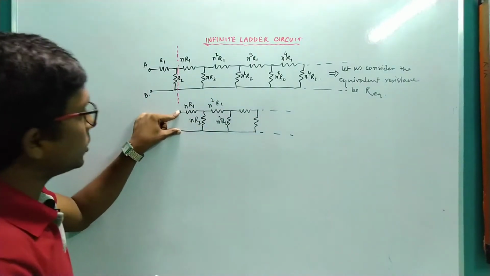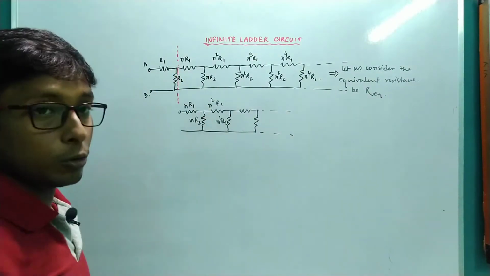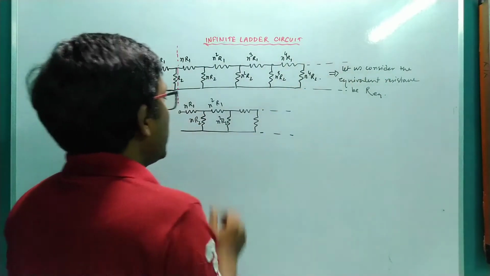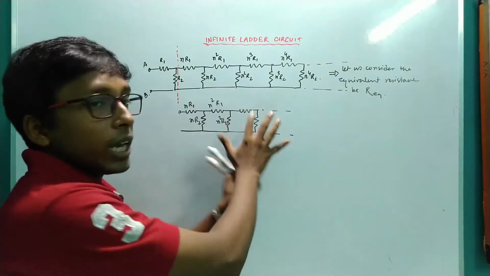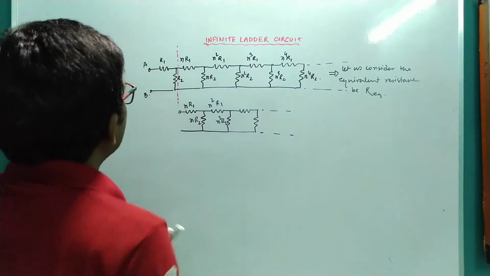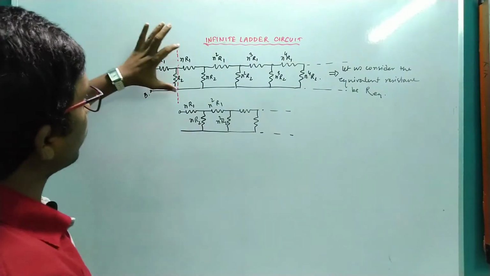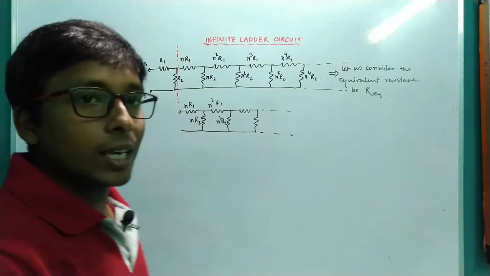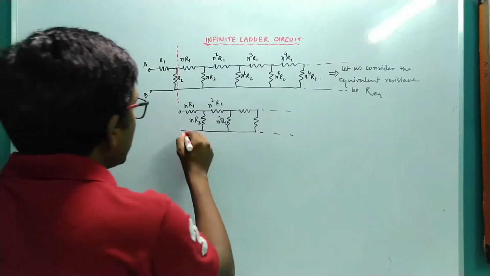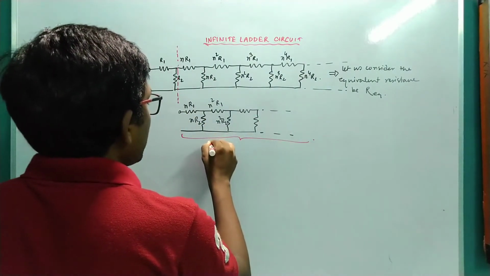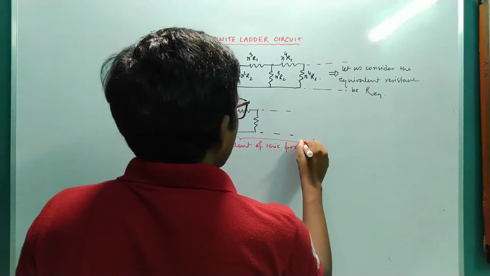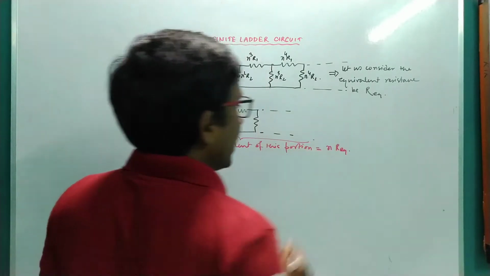Now if you look at the circuit from here, it starts from N R1, N R2. So if the equivalent resistance of the original circuit is R equivalent, then the equivalent of this circuit must be N R equivalent, because all the resistances are increasing by a factor N. The original circuit started from R1 and R2, and this one starts from N R1 and N R2, so the equivalent resistance has increased by a factor N. So the equivalent resistance of this portion is equal to N R equivalent, and that's the key to the problem.